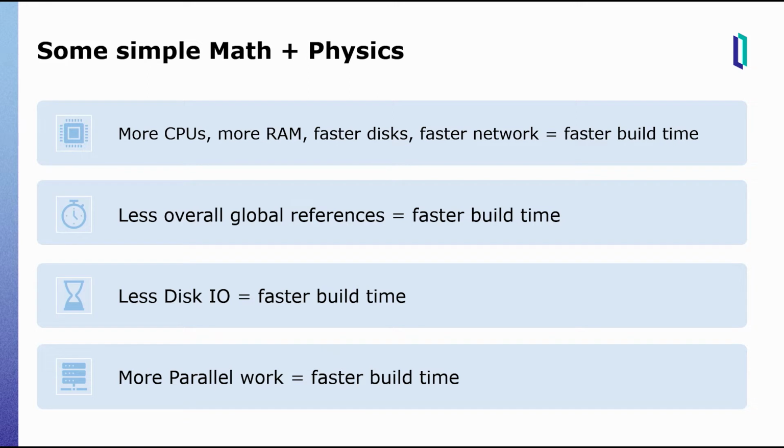If you can find a way for the engine to do fewer global references, obviously it will need to do less work, and it will be faster. And of course, we would like to utilize memory if we can, because going to disk is expensive, so the less we do of that, the better. And then we have the ability to parallelize the work and split it to different workers and let them do it in parallel, and obviously things will be faster, right?